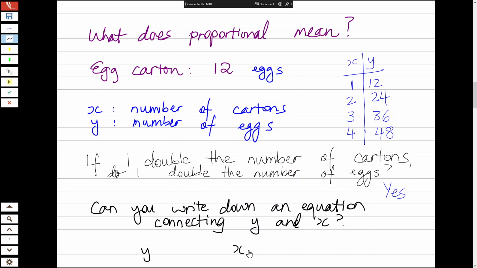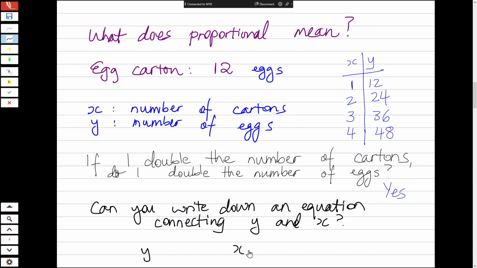But we haven't looked at mx plus c in a long time now. Oh yeah, I remember that. What's the gradient or the slope of this line? 12 eggs in a carton. Okay? Y equals 12x. That's your equation.